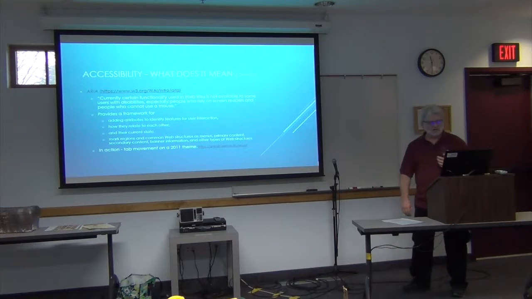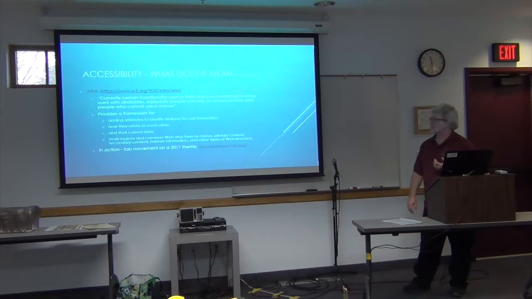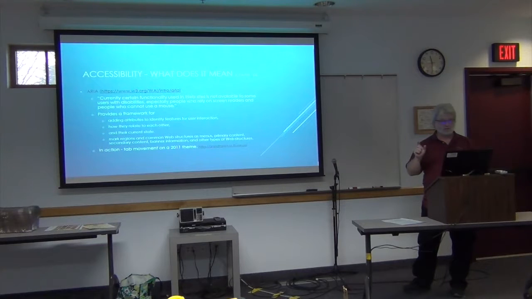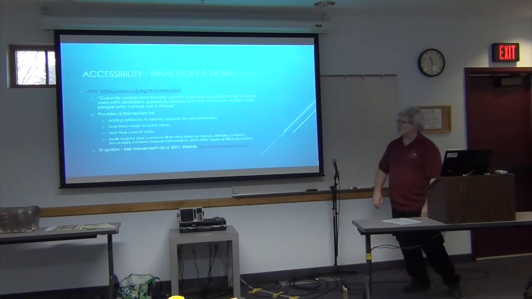And you might think that that's a pretty limited subset, but there are a lot of people with tremors, and it's really hard to fine-tune a mouse and hit those, especially if you have a lot of navigation items and they're crunched together really tightly. It gets very hard to use it.